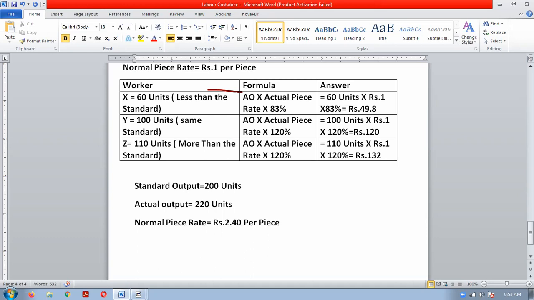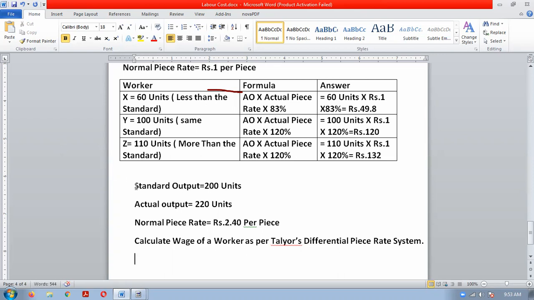So calculate the wage of a worker as per Taylor's differential piece rate system.